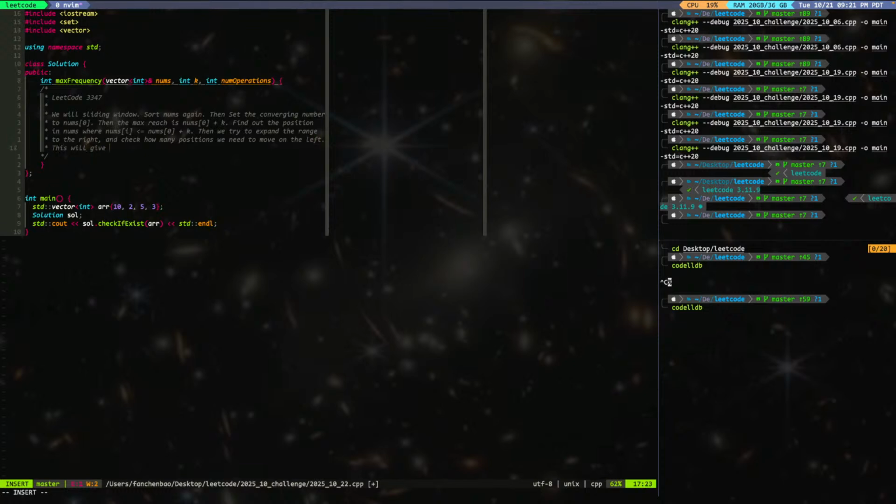This will give us a new range, and also the largest range possible to include nums I plus 1, because we want to include this. So this is the largest, and then we say we want to include this.